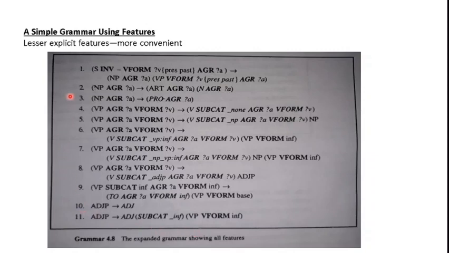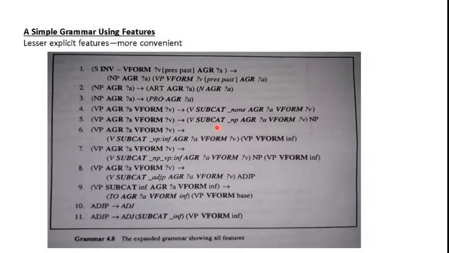So if you see this grammar, it looks so cluttered, right? With all these features, feature values as well as features. It might not be digestible for a normal person, or for a person who is just familiar with grammars. The feature concept may seem so tedious.